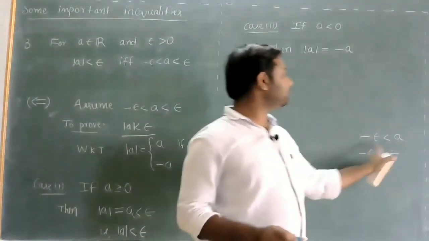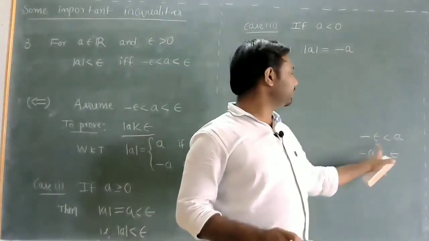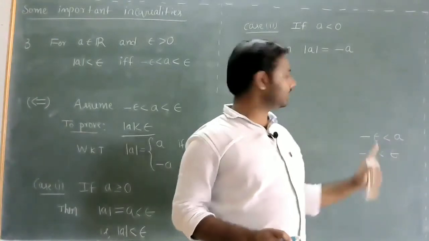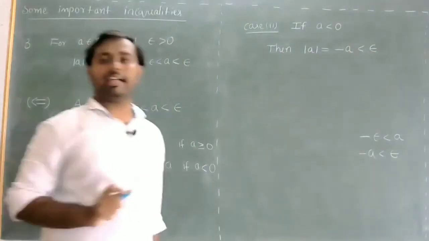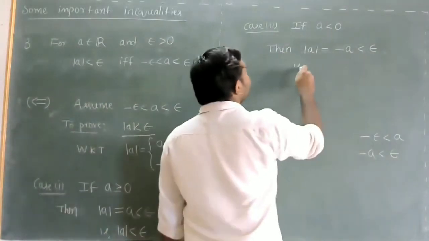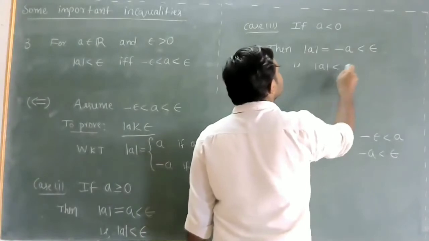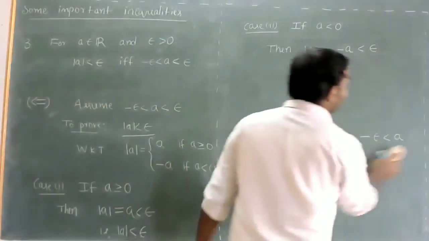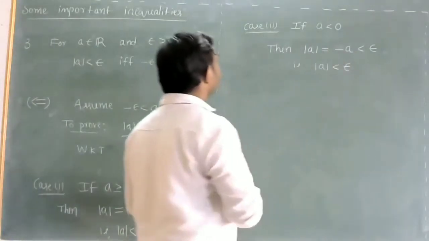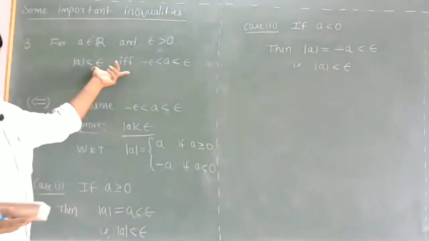Just multiply minus on both sides. So plus epsilon will be greater than minus A, or minus A is less than plus epsilon. So once again, modulus of A is less than epsilon value. So thus we get the required result.